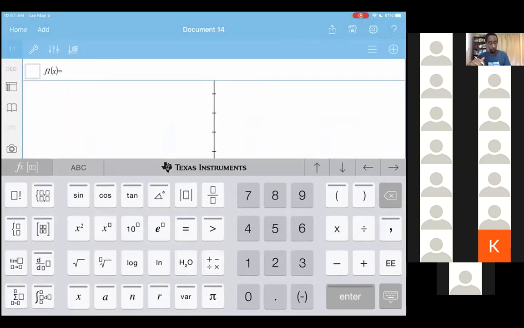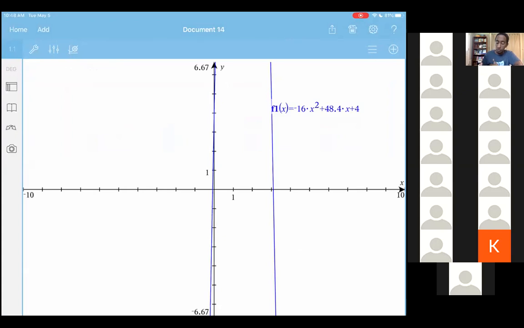Someone read it to me, please, so I don't have to flip back and forth. Negative 16 t squared, and we would use x here if you're using Inspire, plus 48.35x plus 4. Okay. So this is a graph.